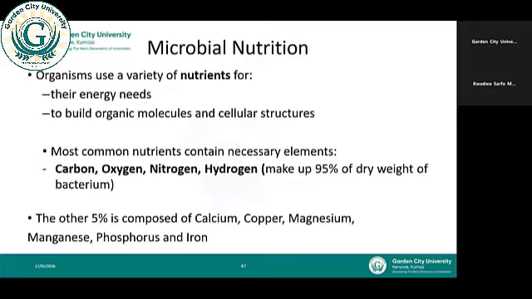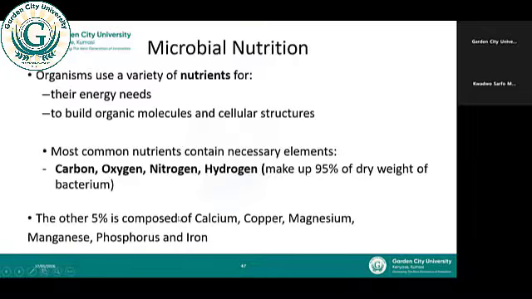So about 95% of the dry weight of these microorganisms is carbon especially, and nitrogen, oxygen, and hydrogen. So these are the major elements that form the bulk of the microorganisms.